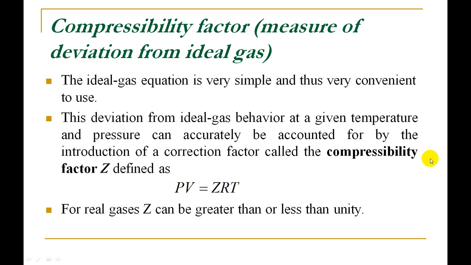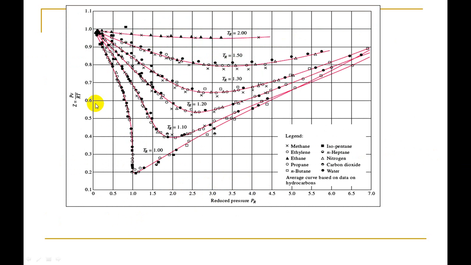Z is the compressibility factor, or measure of disorder. We are assuming real gas as ideal gas, so we have a correction factor Z. So this Z value is read from this chart using PR and TR. PR and TR are obtained from this relation: PR is equal to P over P critical, given pressure over critical pressure, and TR is given temperature over critical temperature.